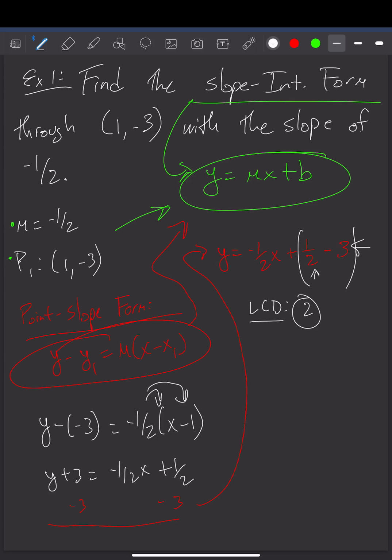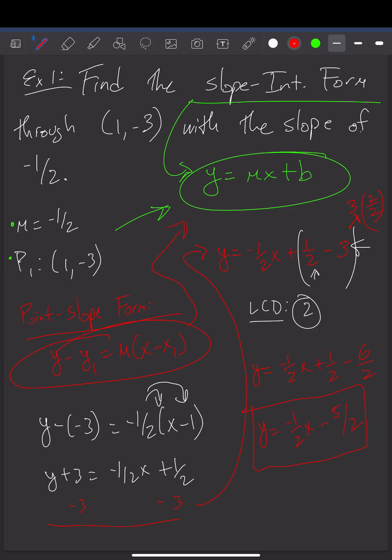So what we do is multiply the top and bottom by 2. So you'll get y equals -1/2 x plus 1/2 minus 6/2. What I did here is I multiplied 3 times 2 over 2, top and bottom, since our LCD is 2. So we have y equals -1/2 x minus 5/2.